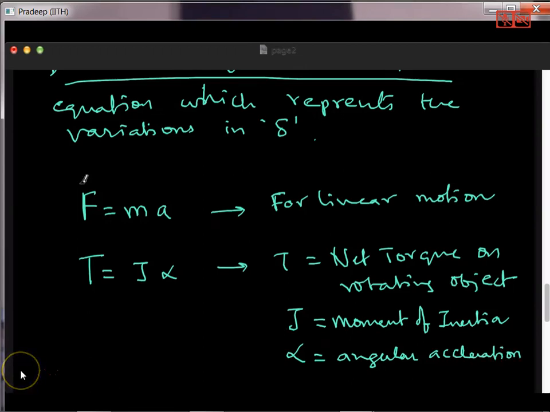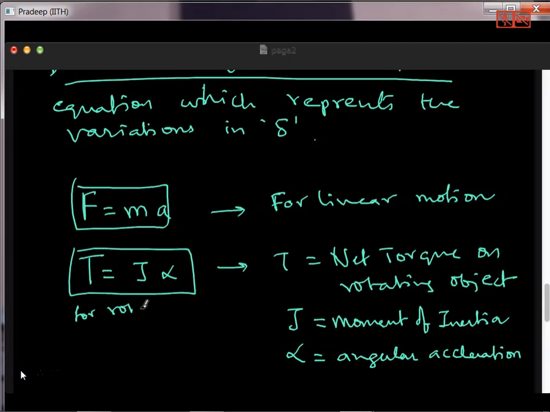So F equals m a is for linear motion, and for rotating motion, we have this. What is acceleration? Acceleration is in meters per second squared. That is the derivative of velocity, which is the derivative of position.